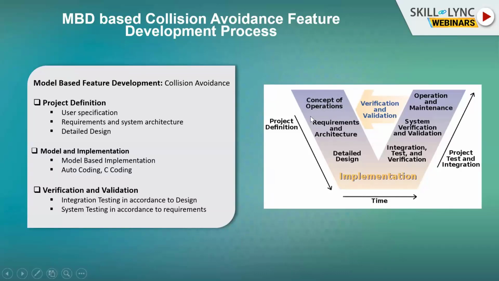After the user specification and requirements, there will be a detailed design, and based on that, the code implementation, where algorithms are written. After the development phase comes validation and verification, with a lot of testing, like testing of model-based development and testing on the actual vehicle.